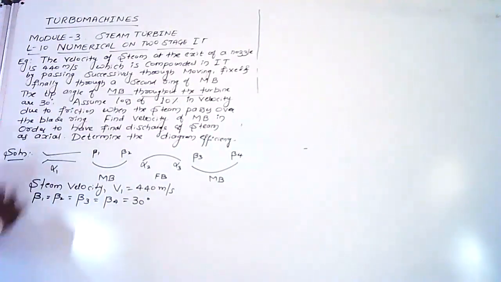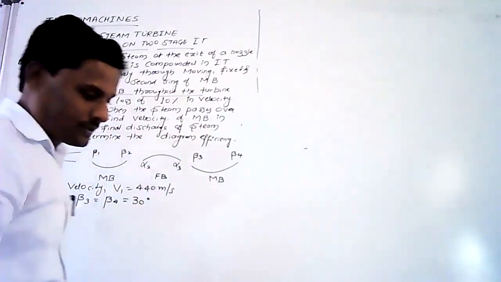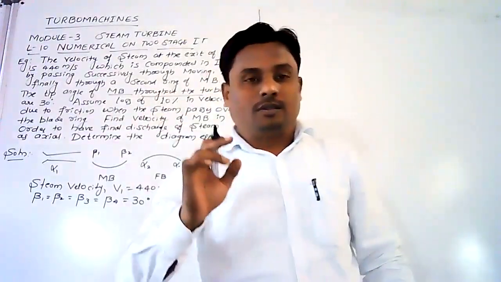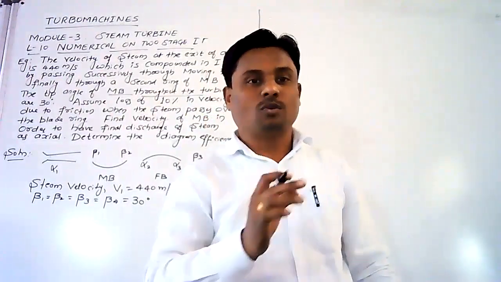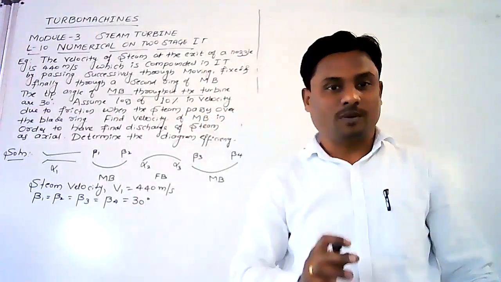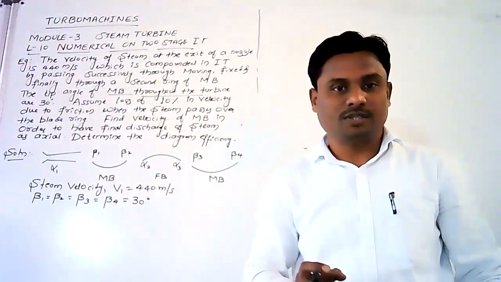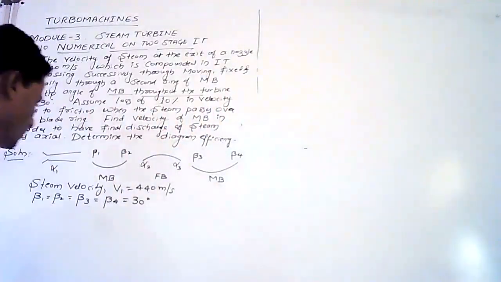Next, assume the loss of 10% in velocity due to the friction. This is a very important sentence. The loss in velocity due to the friction in each row of blade is 10%. So 100% minus 10%, that is 90%, is remaining. So we have to take the blade coefficient as 0.9.